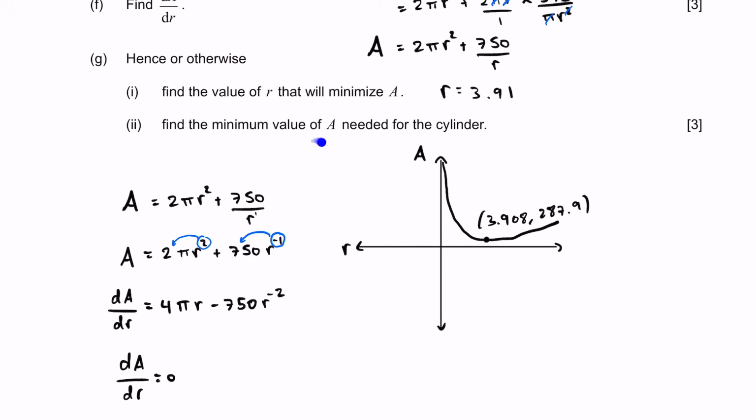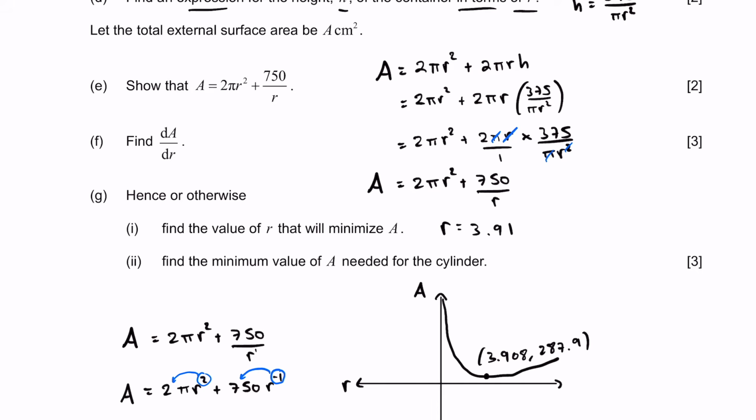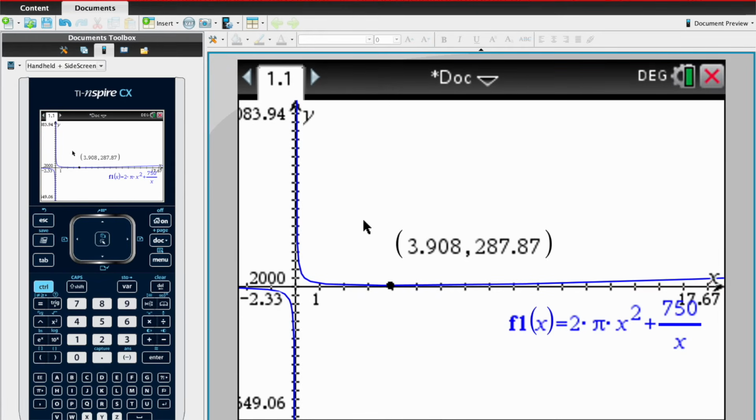Find the minimum value of a needed for the cylinder. Okay, we know what r is. Here is a function which links both r to a. We can just plug in a value of r into this function, and we would find the surface area. But actually, going back to our calculator here, this is already a graph which links area to the radius.